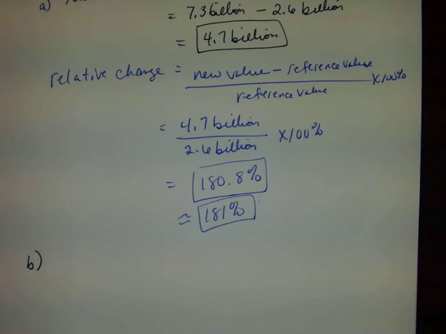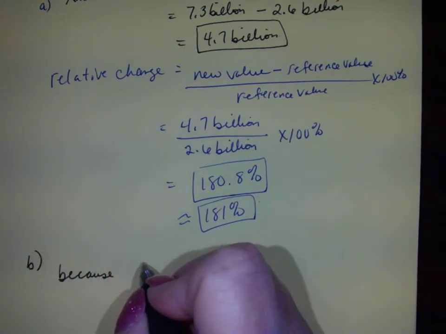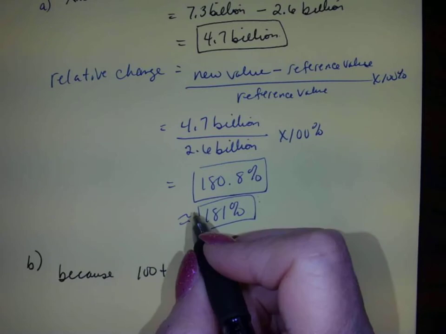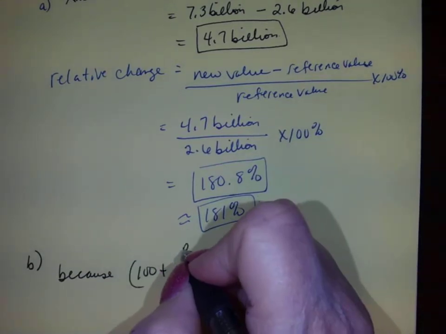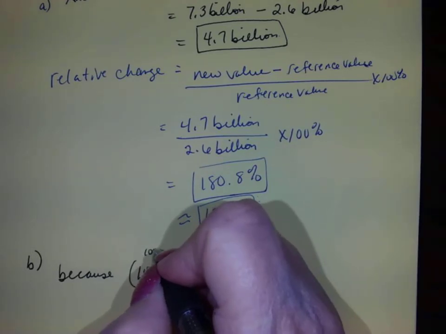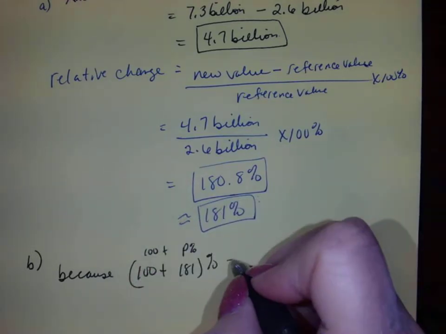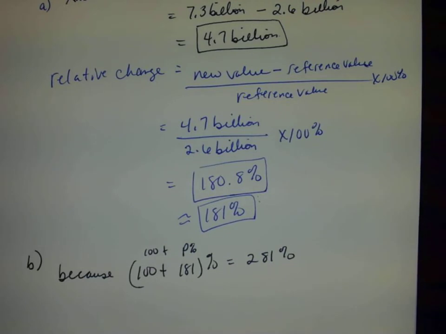So because we have 100 plus 181%, this is that P part, the P percent, then we get 281%.